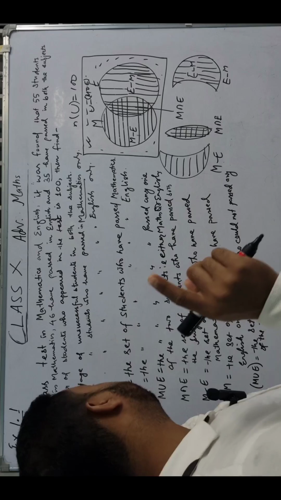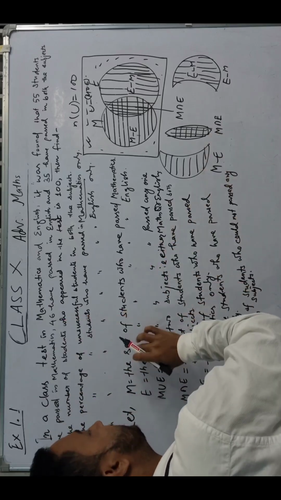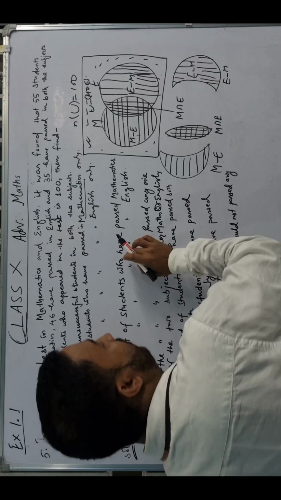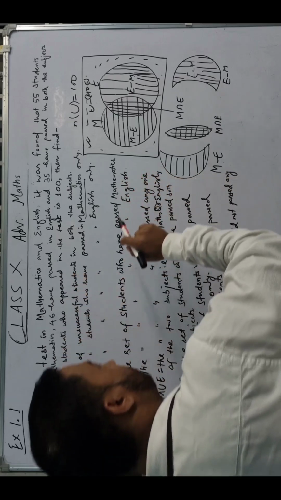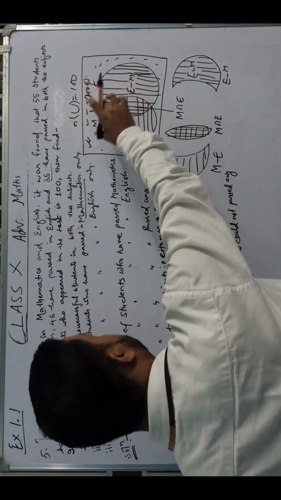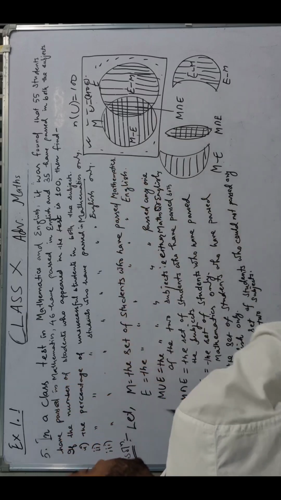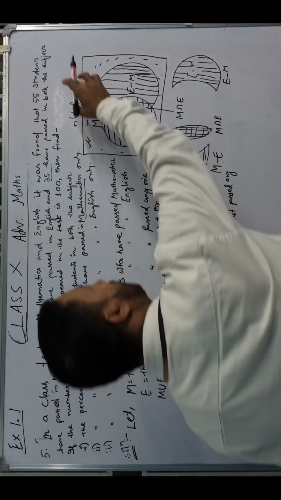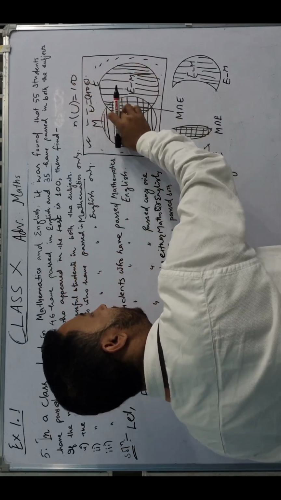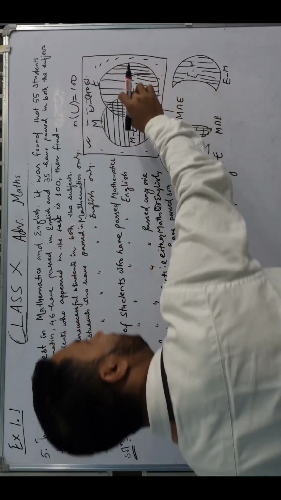Remember one thing, I think there could be a doubt, that M is representing the students who have appeared in mathematics. No, 100 students appeared in both the subjects, but those students who have passed in mathematics are represented by M. Out of 100 students, those who have passed mathematics are coming under M, those who have passed English are coming under the set E.